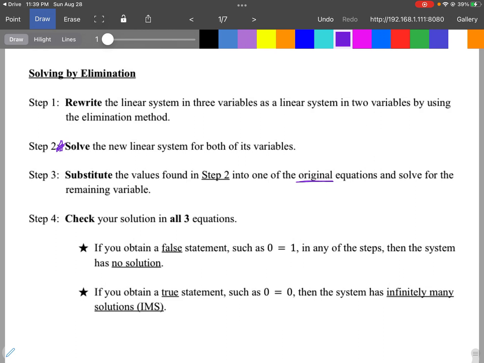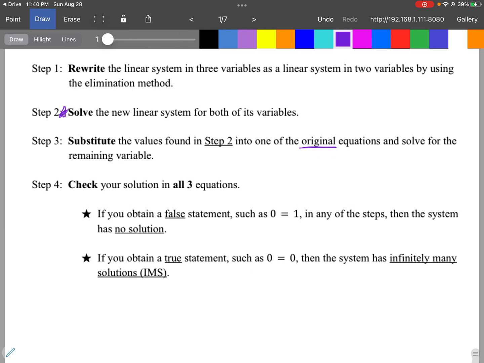We only need to do one of them, any of the 3 original equations, and then that will allow us to solve for the 3rd variable, whatever's left. Then our last step, once we have answers for all 3 variables, is to simply plug it back into all 3 equations and make sure that it works in every single equation in your original system.